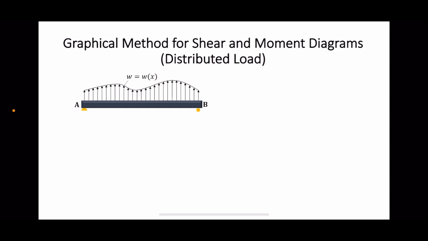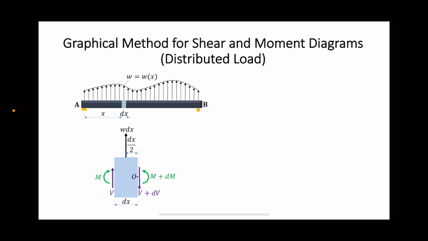To understand the method, let us first consider the scenario where a beam is subjected to an external distributed load of arbitrary shape as shown on the screen. Let us consider an arbitrary length element of the beam. Let us zoom in and plot the free body diagram for the element.